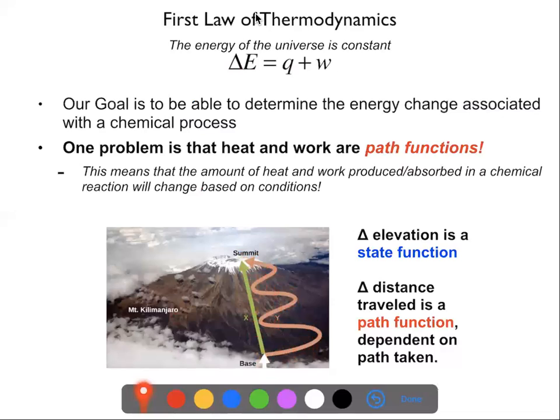So delta elevation is a state function. The only thing that matters is what's your final state and what's your initial state. But the distance traveled, the mileage it takes to get to the top, is going to depend on what route you take. So this is a path function. And so again, we're seeing that heat and work are path functions. If we change chemical conditions, we can change the amount of heat and the amount of work that's produced, but the delta E is always going to be the same.